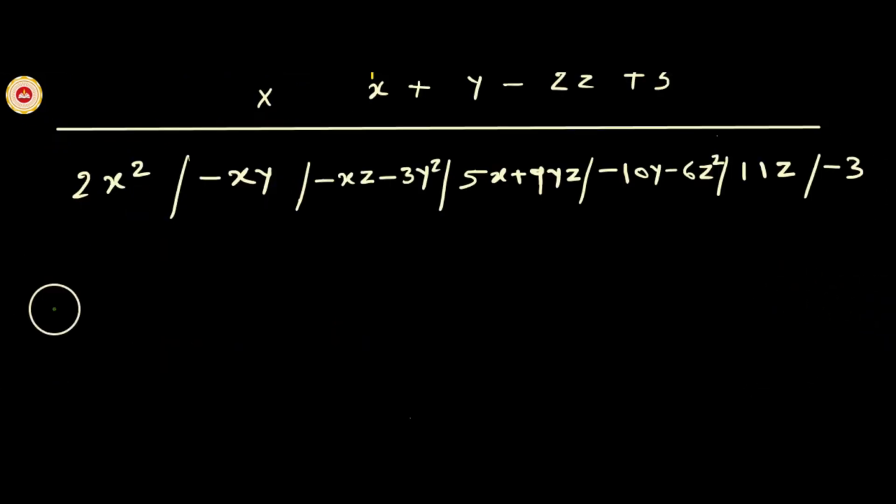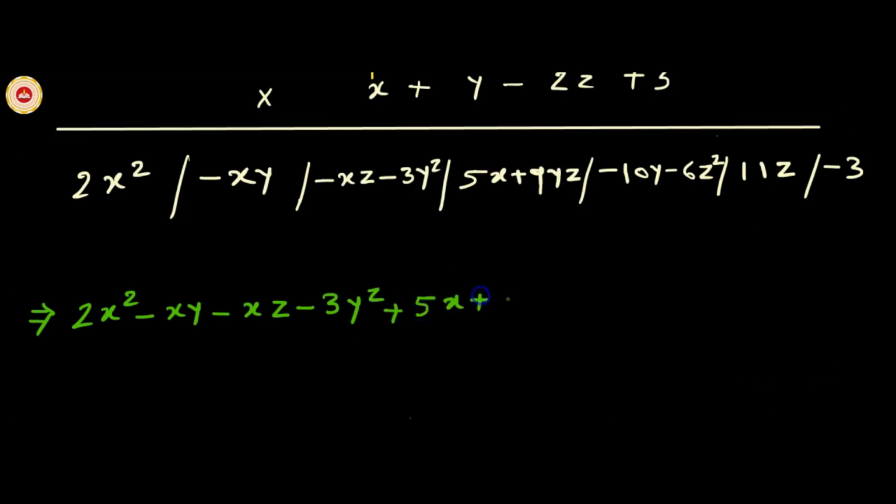Okay, yes, which is equal to 2x squared. This term is negative, minus xy. This term is also negative, minus xz, minus 3y squared. This term is positive, plus 5x plus 9yz.